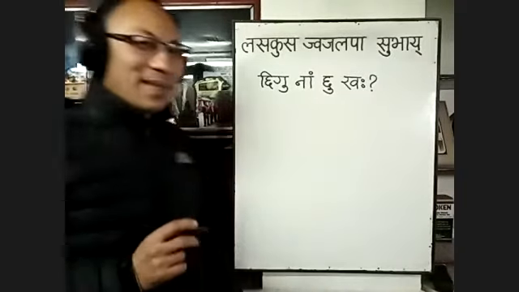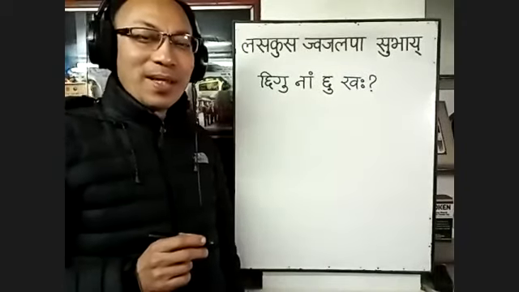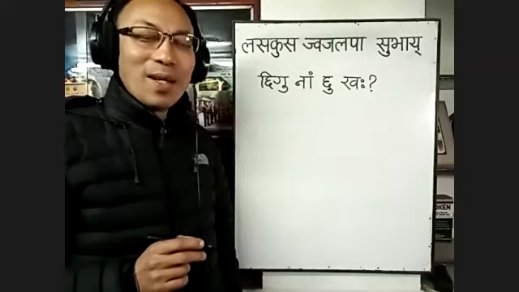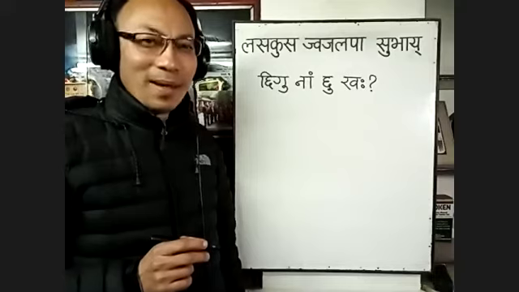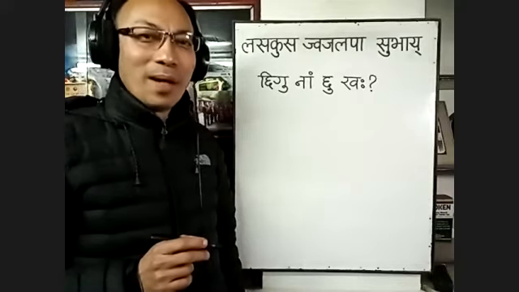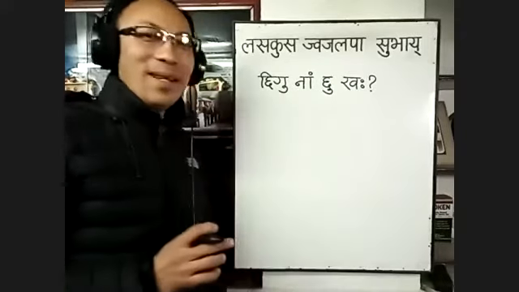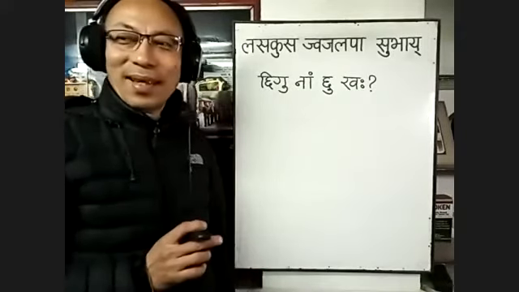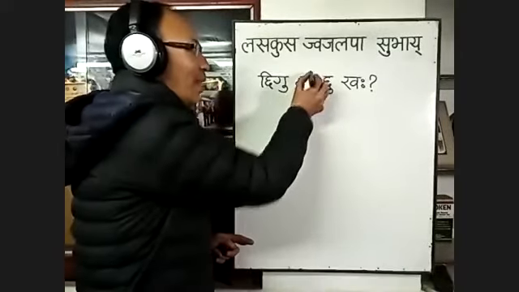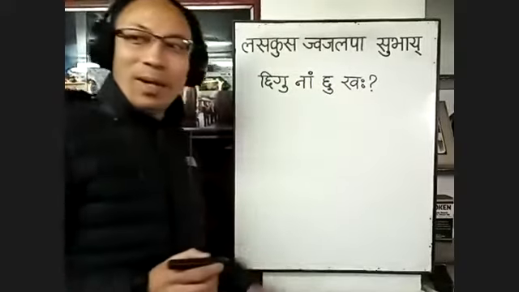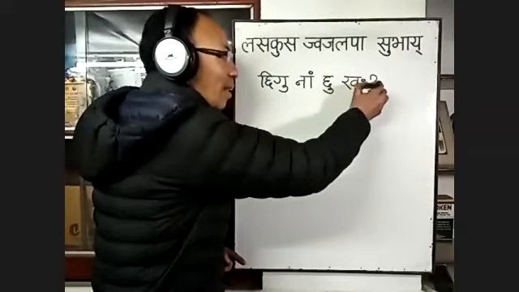So how is it pronounced? Chigu na chukha. Chigu na is the longer sound. Na is the longer sound because it has the shinafuti here, and kha is also the longer sound because it has the lifuti behind it.